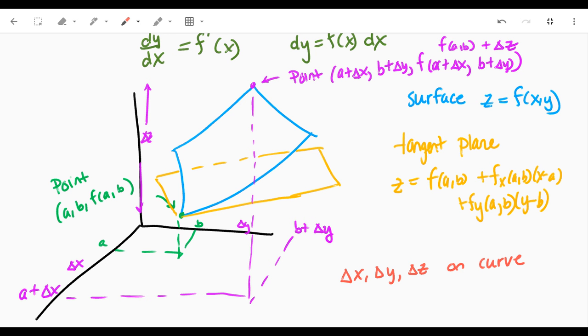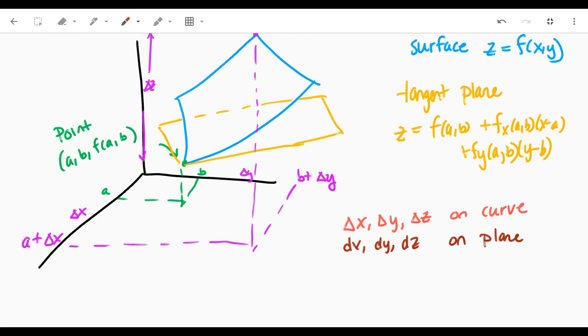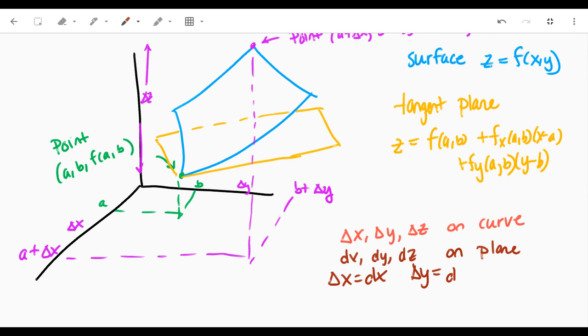And then we would have our dx, dy, and dz on the plane. Okay, and just like in 2D, delta x will equal dx, and delta y will equal dy.